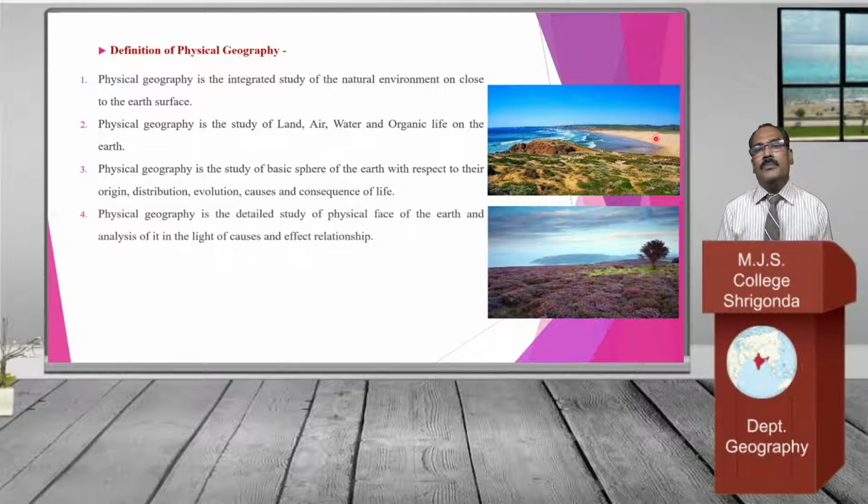Then another definition, physical geography is the detailed study of the physical phase of the earth and analysis of it in light of cause and effect relationships.